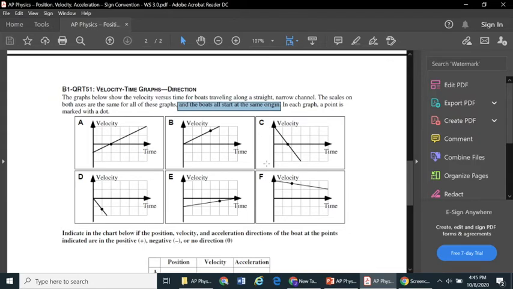Because how can you determine position from a velocity versus time graph? You can't. But you can determine displacement. And if you know the object starts at the origin, then based on the sign of its displacement, you can figure out its final position.